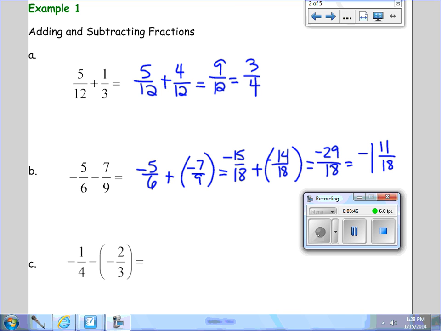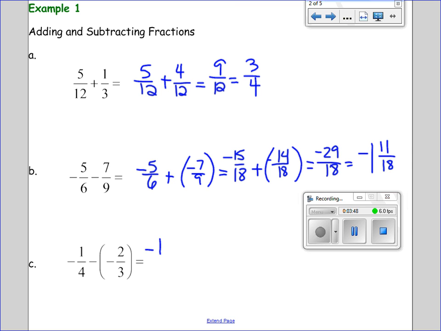On C, again, we're going to add the opposite. And we're going to take our integer rules, noticing their different signs. So we're going to actually subtract their absolute values.